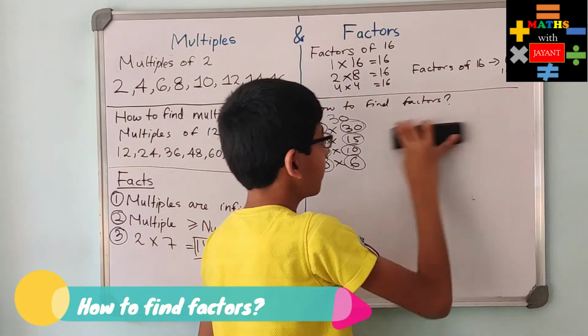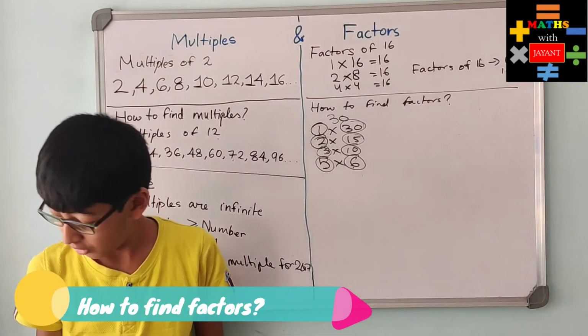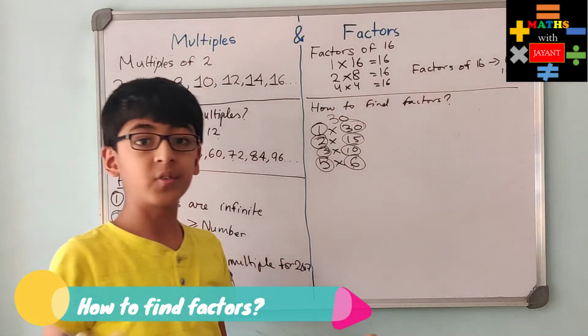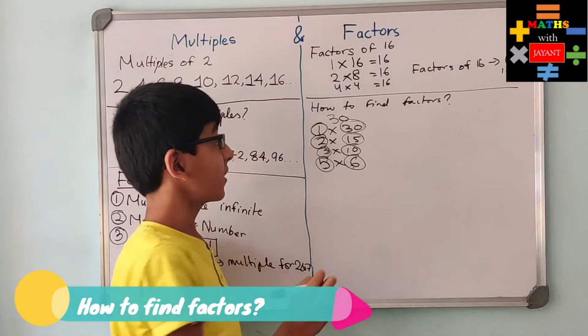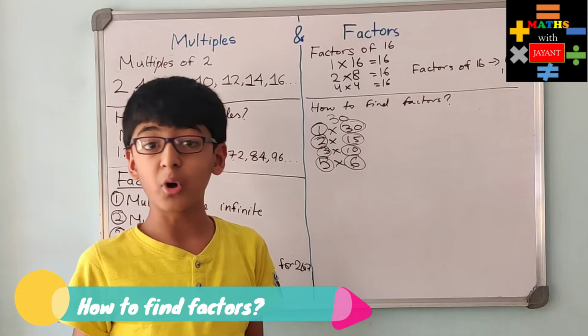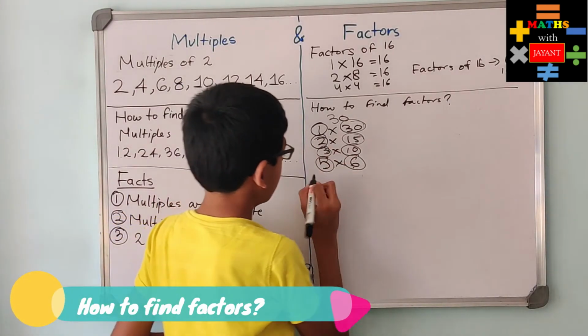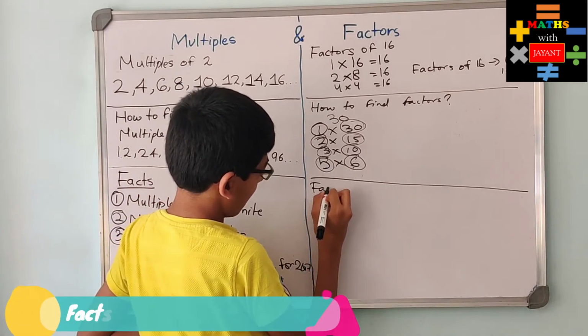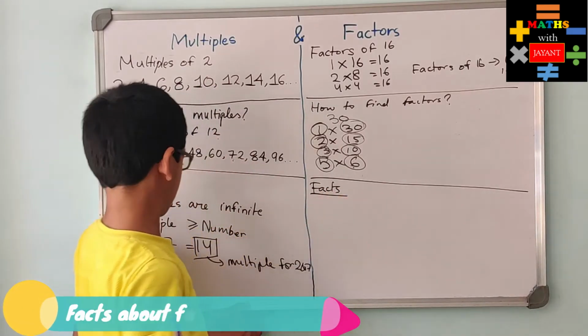There can be one more case where you can stop. Over here we multiply 4 and 4 and we got 16. If you are multiplying the same numbers, then also you can stop at that point and you no longer need to check further.